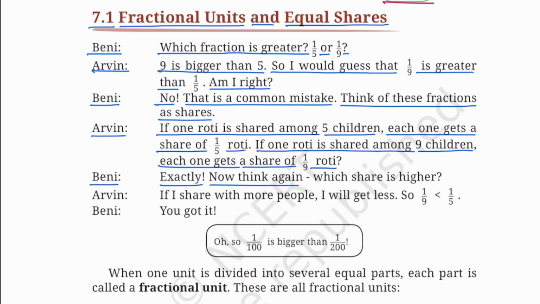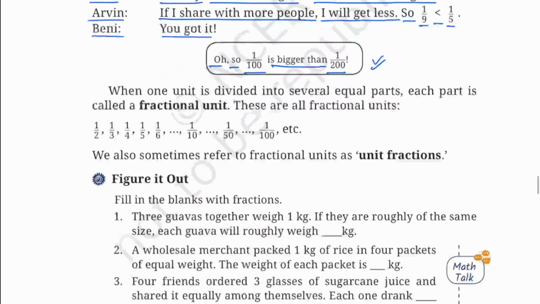Now think again. Which share is higher? If I share with more people, I will get less. So 1 upon 9 is less than 1 upon 5. You got it. Oh, so 1 upon 100 is bigger than 1 upon 200. Kindly think, is this true?